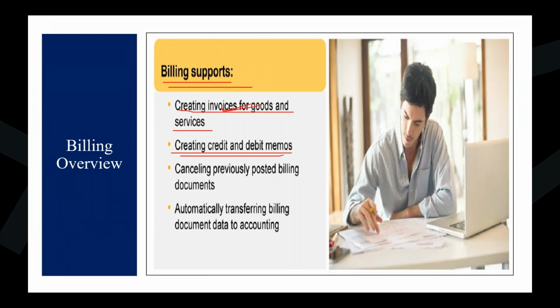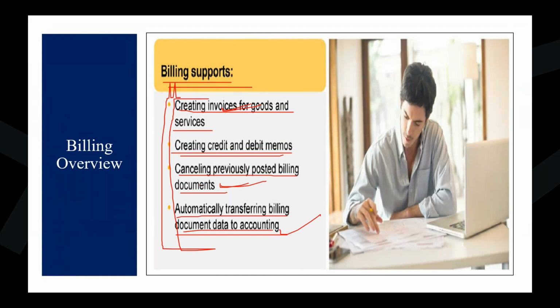Canceling previously posted billing documents: if for some reason you have to cancel a billing document, you can do that in billing. Automatically transferring billing document data to accounting means transferring the billing information to the finance department. All these activities normally happen in the billing phase.